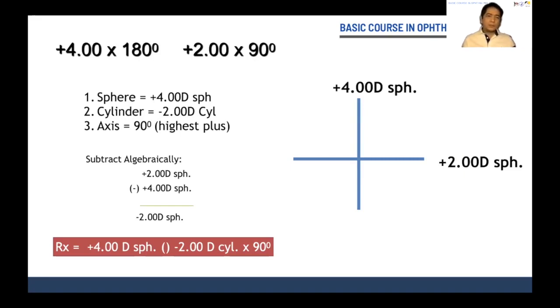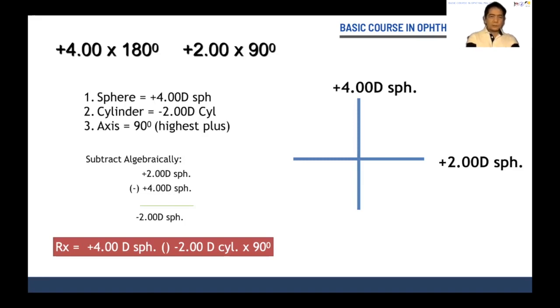So meaning, when you say plus 4 axis 180, the plus 4 is located 90 degrees away from 180, which is 90 degrees, right? And with plus 2 axis 90, the plus 2 power is located at the 180th, 90 degrees away from your 90th meridian. So you will write plus 2 in the horizontal line of your power cross.